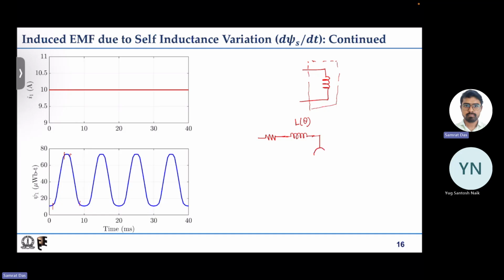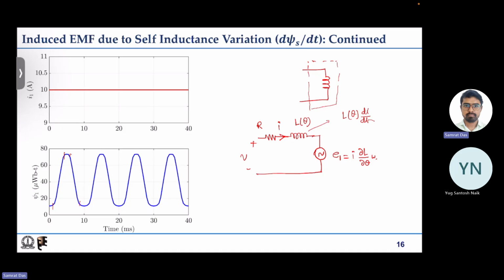Apart from that, there will be an induced EMF, what I called E1 last week, that is basically I into dL/dtheta into omega. So there is some current I flowing through it, and this one will have some voltage. So there are basically two components. This is the total voltage applied across that winding, and the winding will have certain resistance. This is how we can represent such windings where the self inductance itself varies.